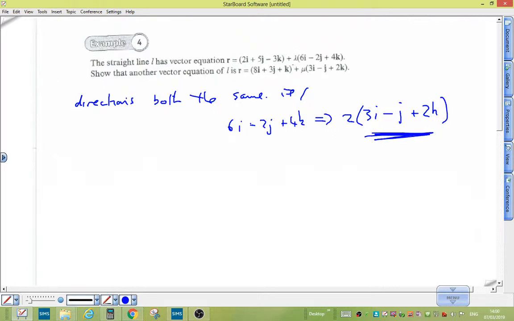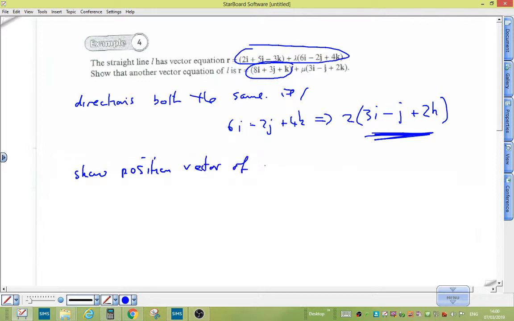Next thing is show that the position vector of one line fits on the other line.